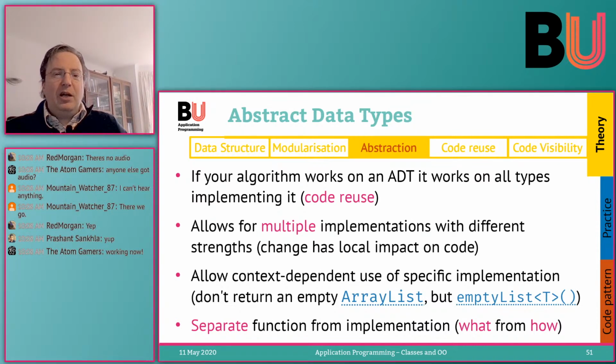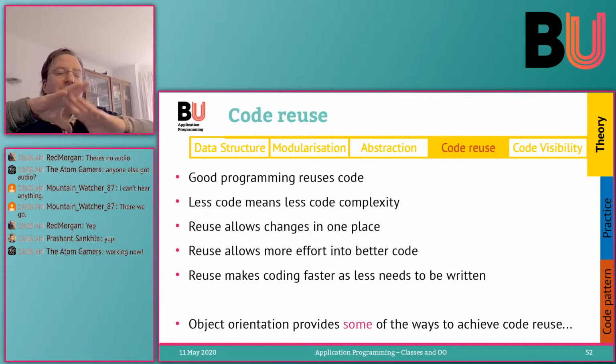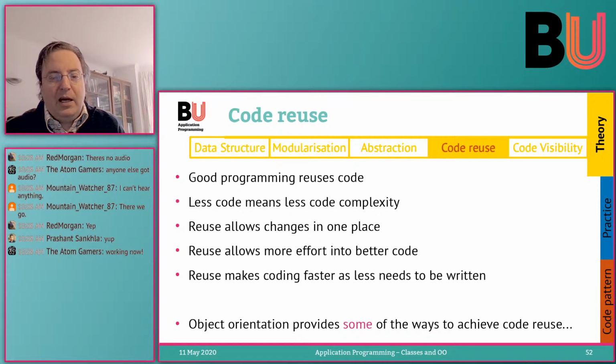So abstraction allows you to hide away those differences and think in terms of what does this do rather than how does it do it. If you hide away those things, it allows you to have more code reuse, and that is a key property you want in all code, including classes.